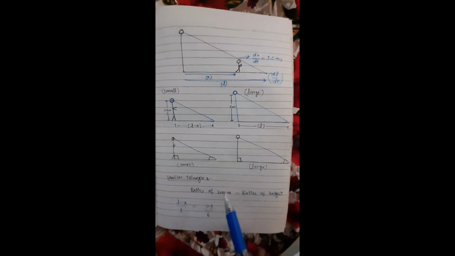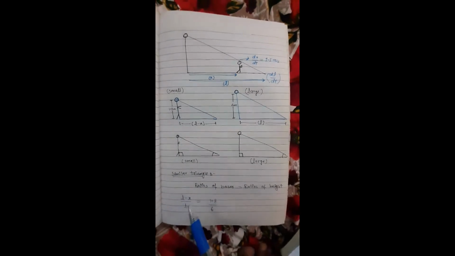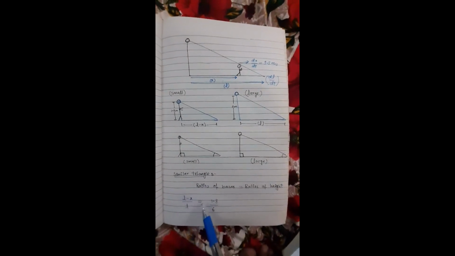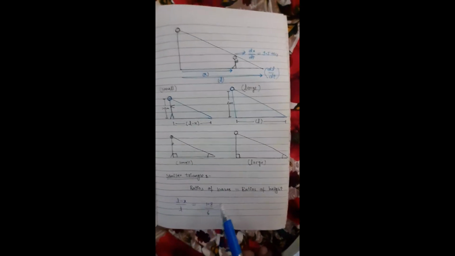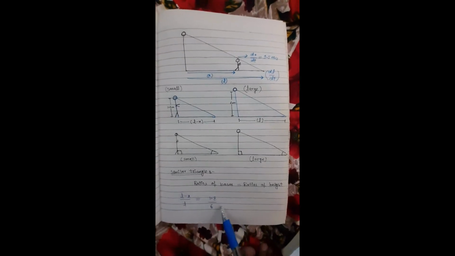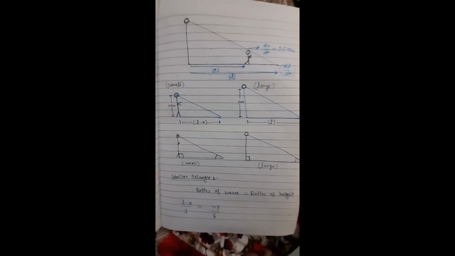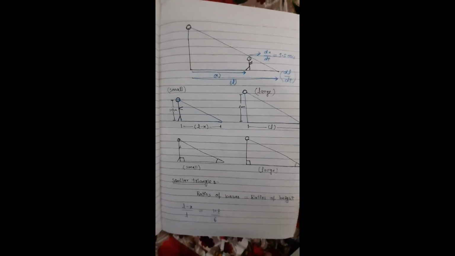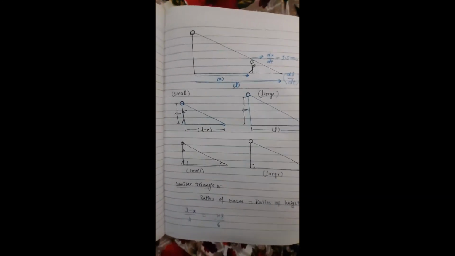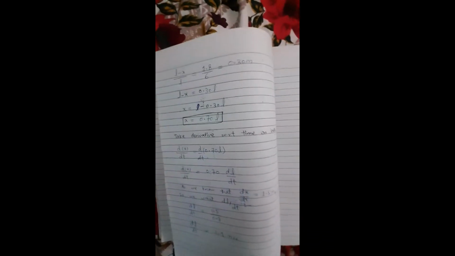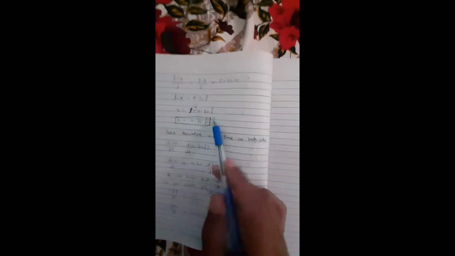So (L minus x) over L is equal to 1.8 divided by 6, which numerically equals 0.30.